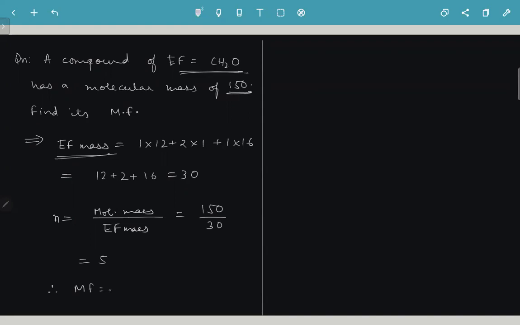Molecular formula is (empirical formula) whole n, which is CH2O whole 5, equal to C5H10O5. This is how we determine molecular formula from empirical formula. Understood, everyone?